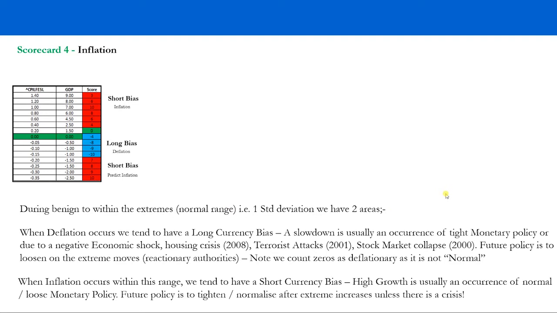So we've seen what's normality, the benign to within the extremes, so the normal range, one standard deviation. We've got two areas. So when deflation occurs, we tend to have a long currency bias. And you can see here we have a zero value that is scored as a deflationary situation.